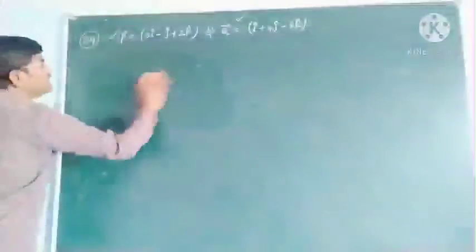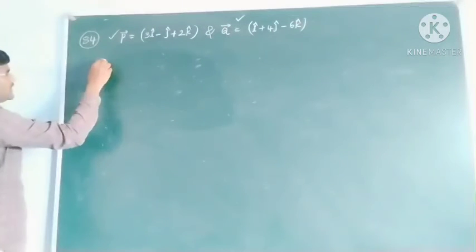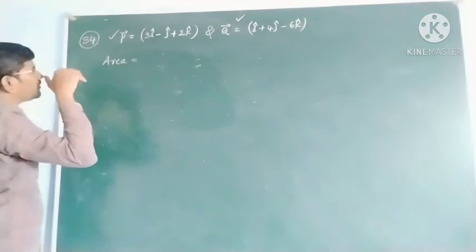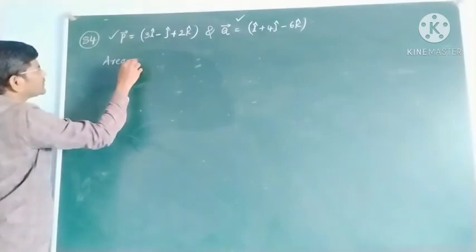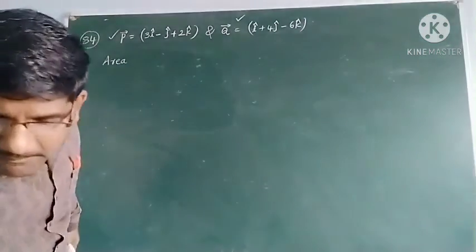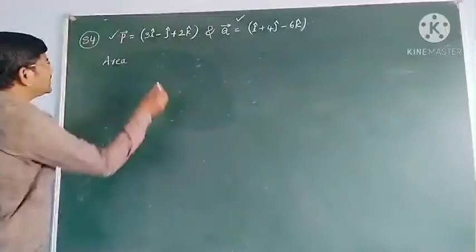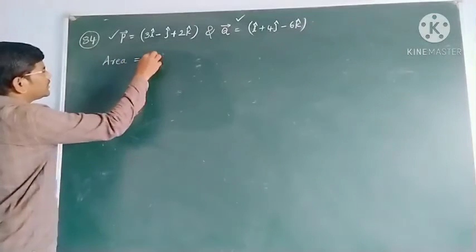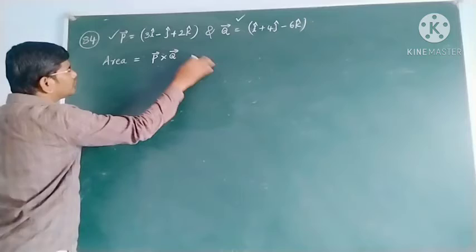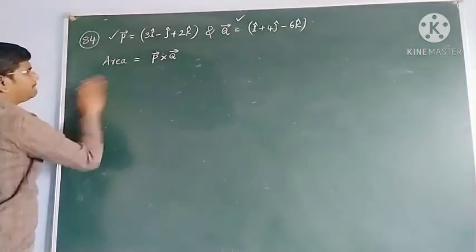So the area of the parallelogram is equal to, we know that, you will write p bar cross q bar. Okay.